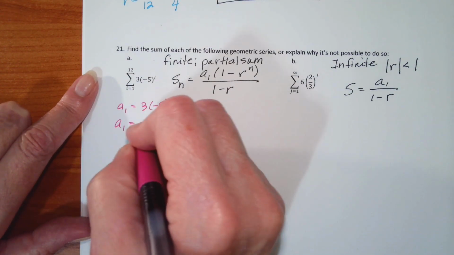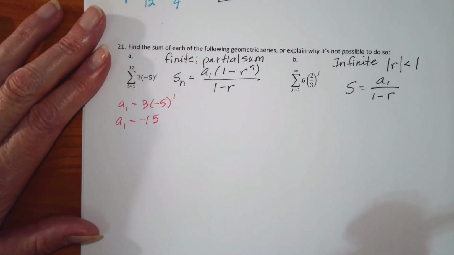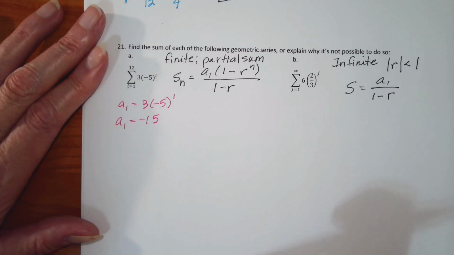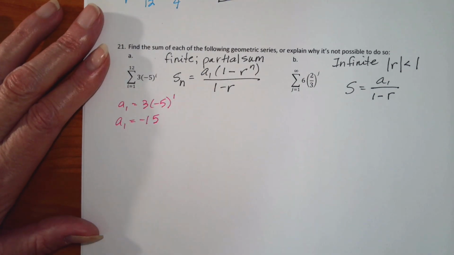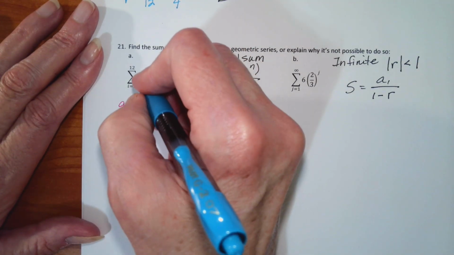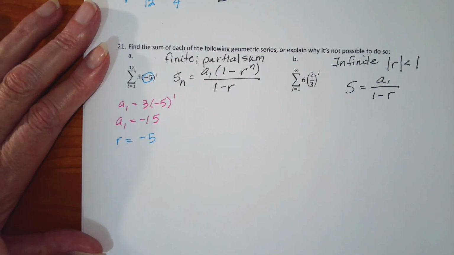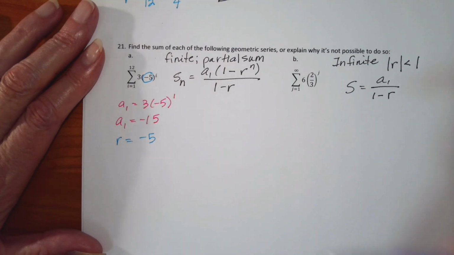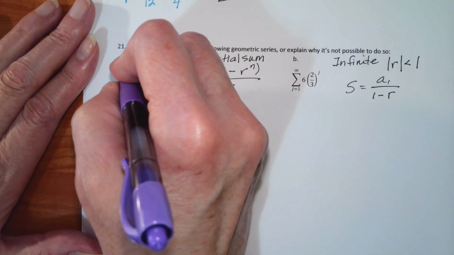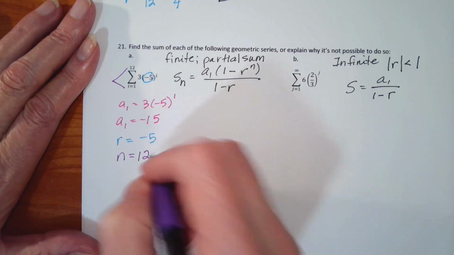So a sub 1 is equal to negative 15. I also need my r. R is negative 5. And I need my n. This tells me that n is 12.